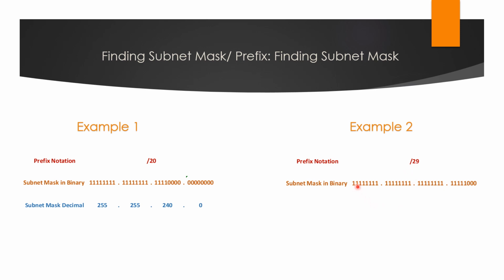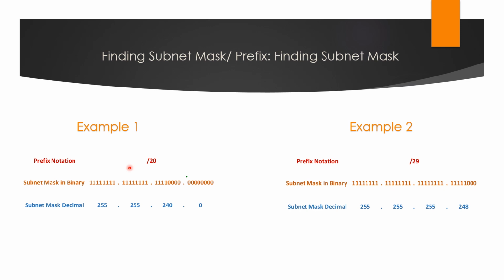And if you go there, you will see that there are 29 one bits in the subnet mask, and if you convert that to decimal format, you will have the subnet mask 255.255.255.248.